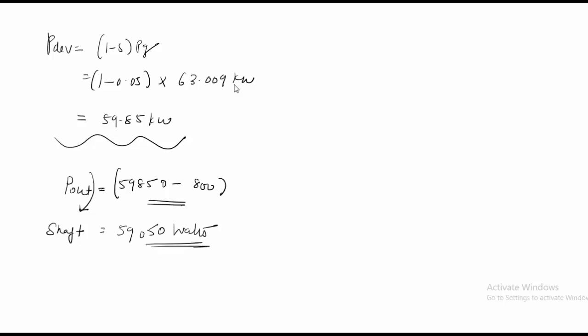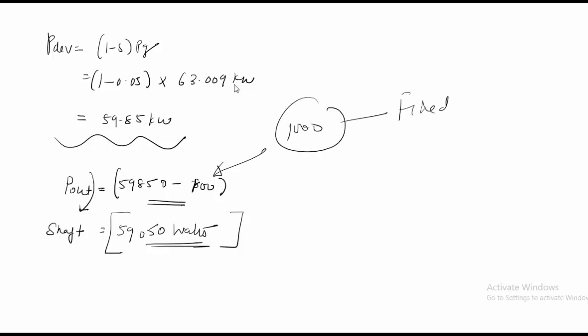This is your power which is available at the shaft, where you are subtracting 800 in this case, or you're subtracting 1000 in this case, if I'm considering 1000 as my fixed losses.